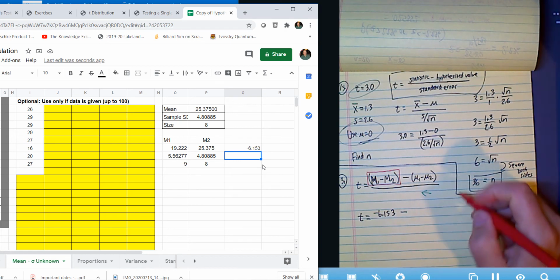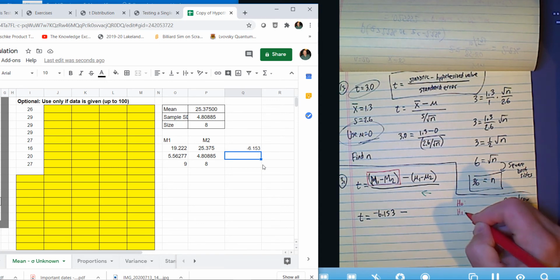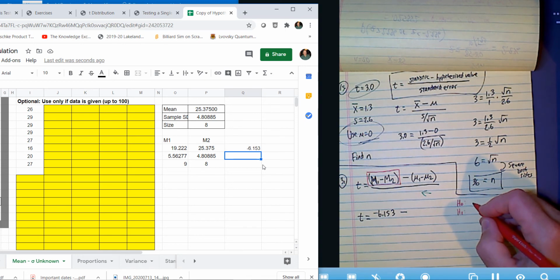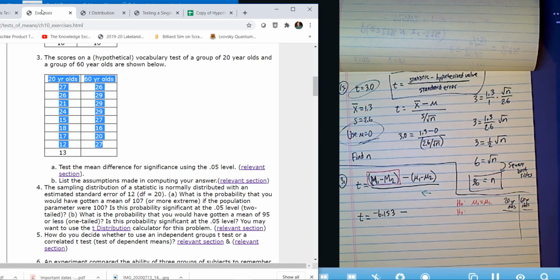So again, when you do a hypothesis test, you have a null hypothesis and an alternative hypothesis. And the null hypothesis is that the two means are the same. Or maybe we have enough evidence, let's look at this chart again. Maybe there's evidence that one group scores better on vocabulary tests than the other group, and that would be the alternative hypothesis.